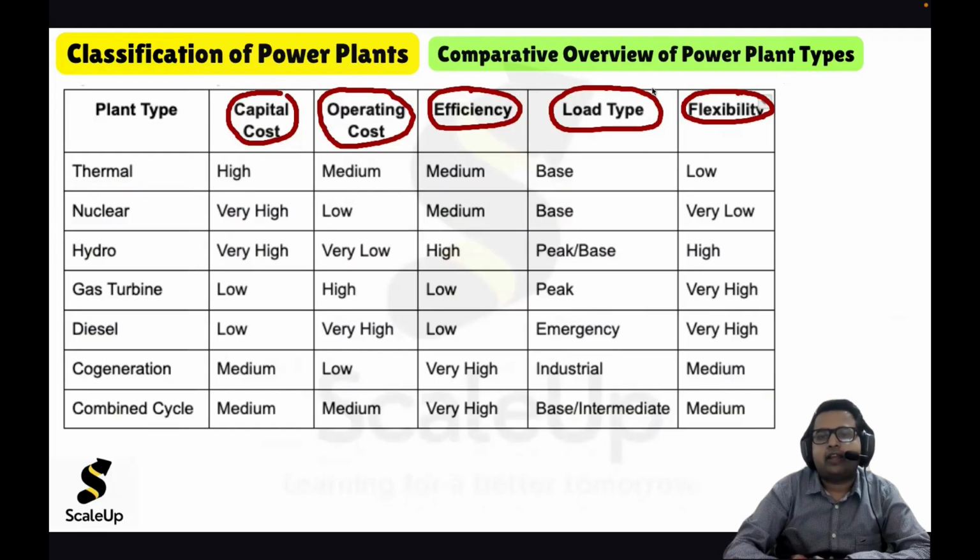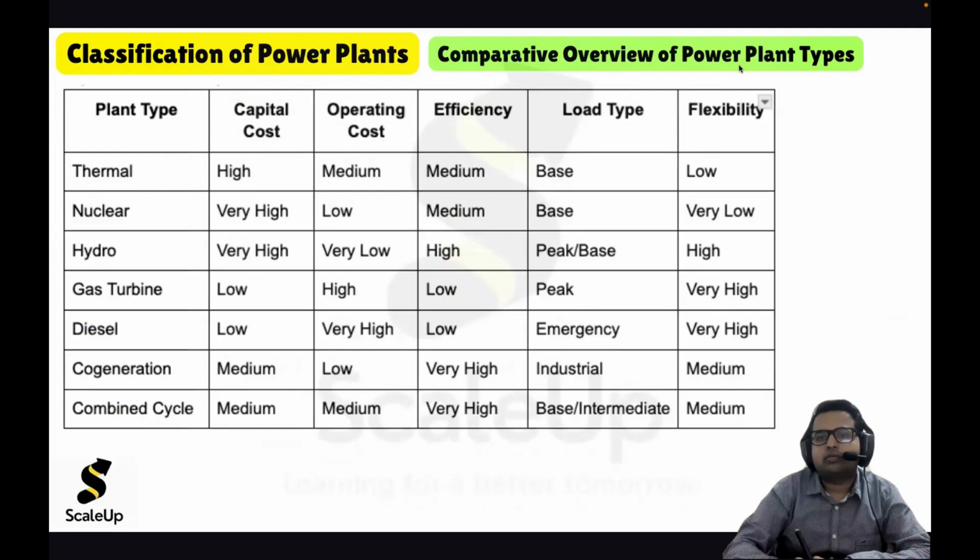Let us take one feature at a time. So let us just talk about capital cost and compare it for all different types of power plant. So for thermal power plant, capital cost is high.